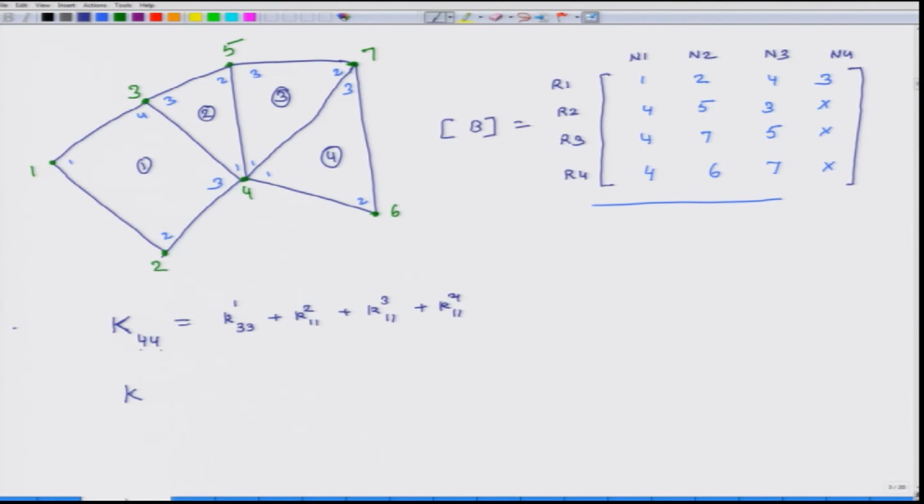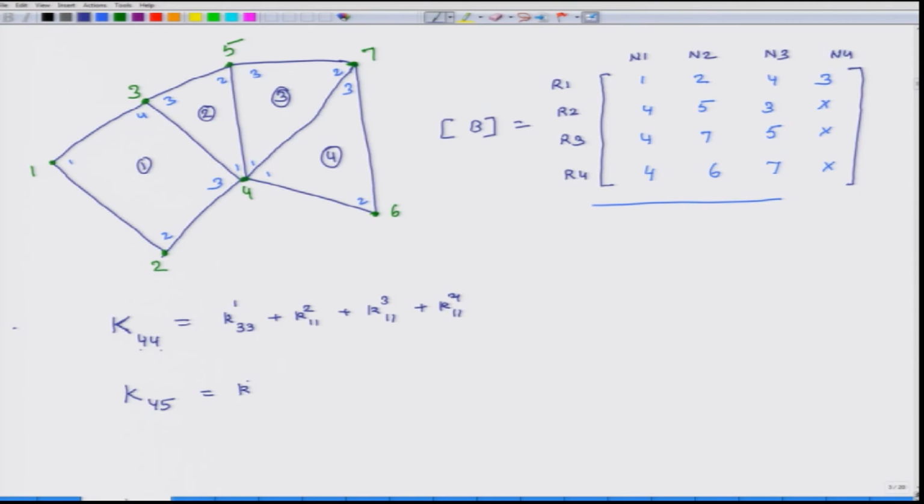K 4 5. What do we see here? 4 5 is a line and that is being shared by elements 2 and 3. So, it will have how many terms? 2 terms.